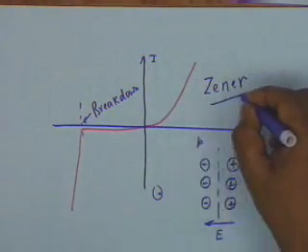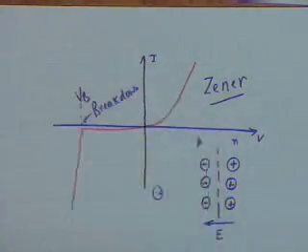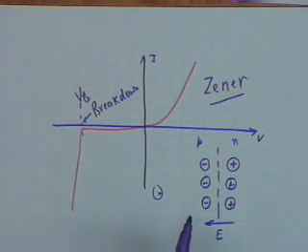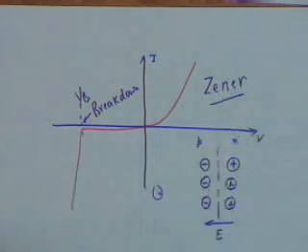And the Zener breakdown voltage V sub B, the reverse voltage at which the Zener breakdown occurs, can be very precisely controlled by controlling doping. That is, the larger the doping is, the smaller is the Zener voltage. It can be precisely controlled, and you can make a Zener diode with almost any breakdown voltage, so long as, one point must be remembered, as soon as a breakdown occurs, the current increases drastically.